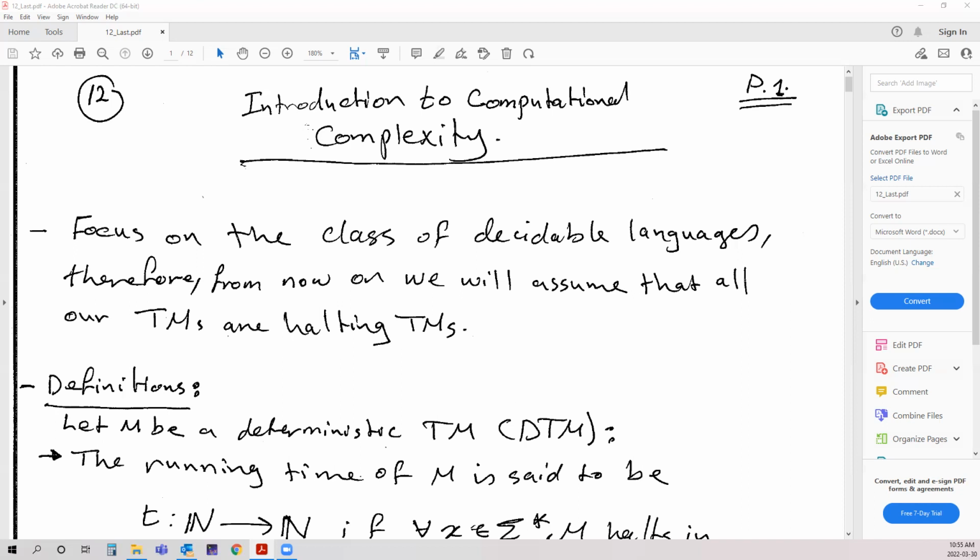If you remember, halting means that it has a decision. There is no loop. Even if there is a loop, it will halt, and it will have a decision. It will be decidable.